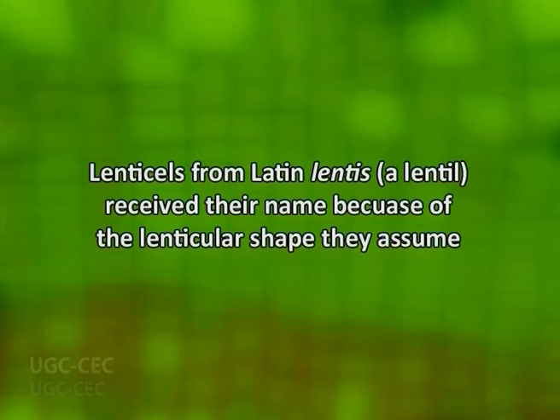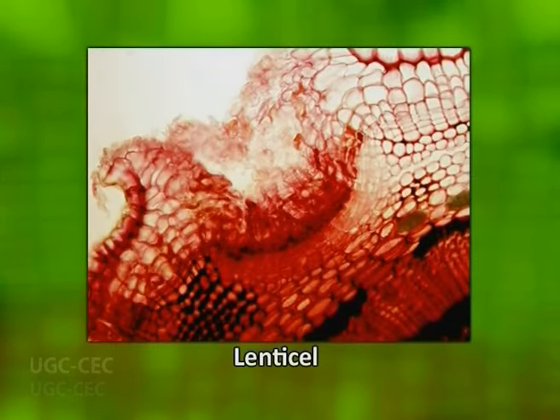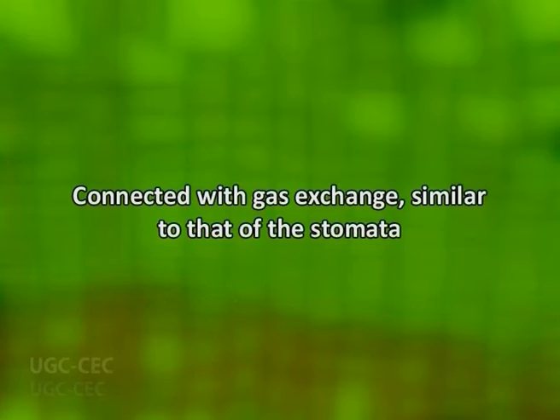Lenticels, from the Latin lentis, that is a lentil, have received their name because of the lenticular shape they commonly assume. Because of the continuity of the intercellular spaces of the lenticels and those of the inner tissues of the axial organs, it is assumed that the function of the lenticels is connected with gas exchange similar to that of the stomata.